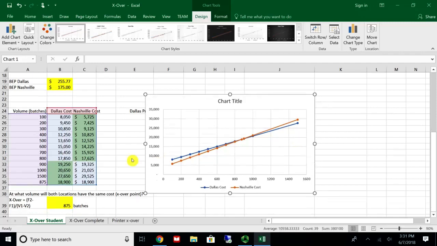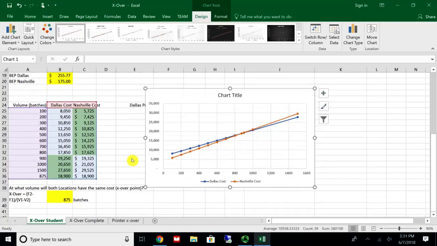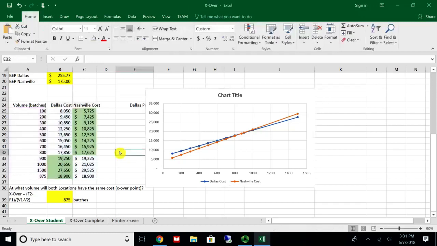And what it tells me is that if I think that Dr. Cliff is going to sell between 1 and 875 batches, then we should put this place in Nashville. Nashville's our best option. On the other hand, if we think that we're going to sell from 875 to more, however much more is, then we should put our cupcake factory in Dallas.